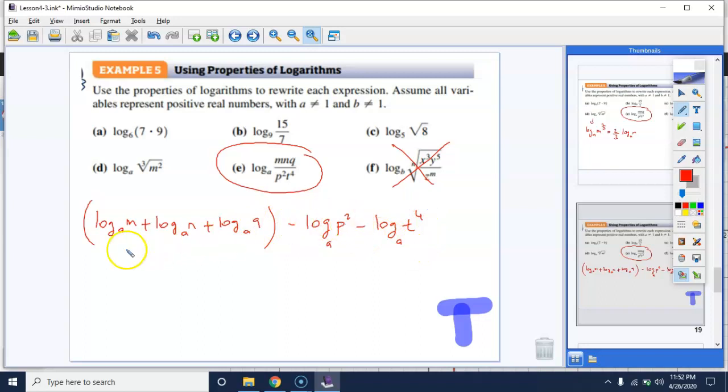And lastly, I'm going to get the same: logarithm a of m, logarithm a of n, logarithm base a of q, minus, this 2 comes to the front, 2 log a of p, minus this 4 comes to the front, 4 logarithm a of t. Yeah? And that's how I expand this one. This is kind of crazy, but you won't see this on the assignment, don't worry. That's kind of a hard one, but just have a try.